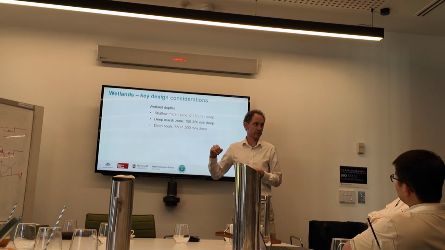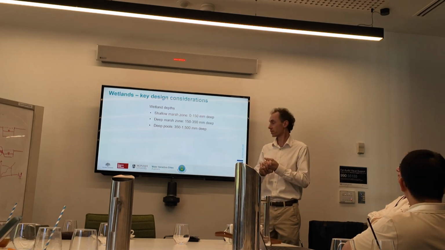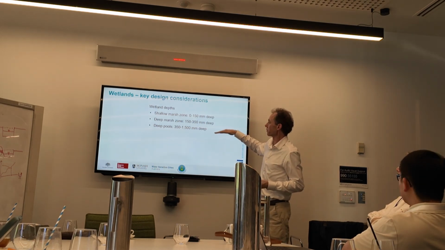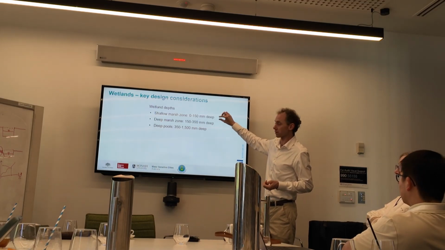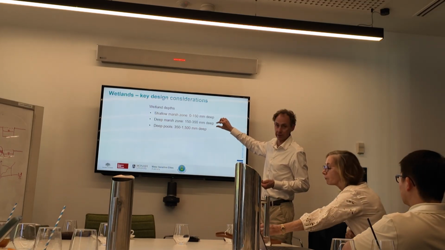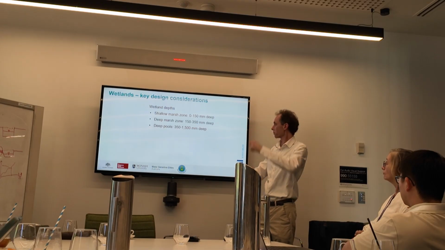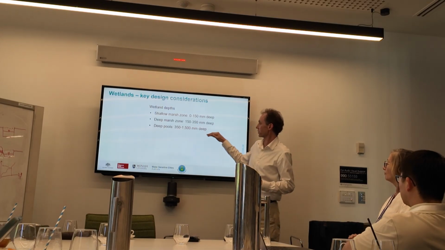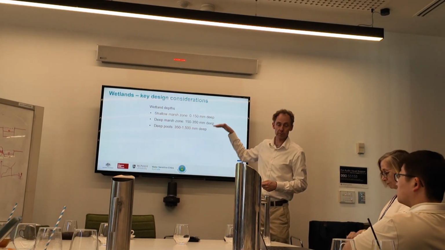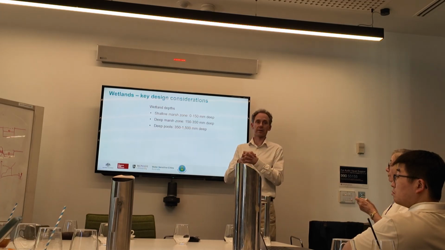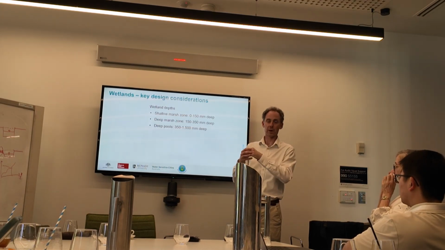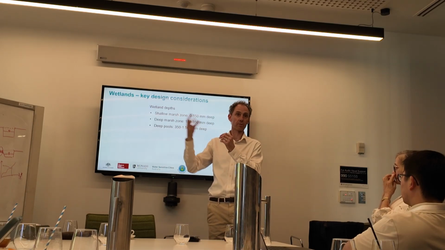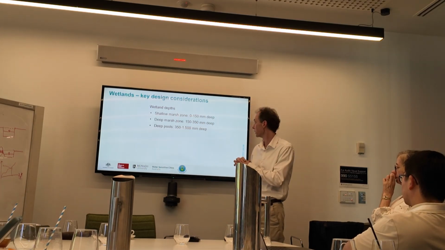So coming back to Melbourne, and recognising you might adjust this for Thailand, we have three different zones within a wetland. One is the very shallow zone, then a mid-range up to about 350 mil deep, and then from there out to the deeper areas. In the shallow ones we put plants that can tolerate being a little bit wet but don't like being very deep, and in a lot of cases can also tolerate drying out completely at times.